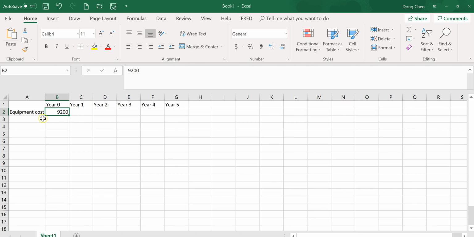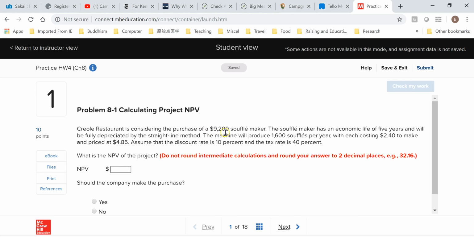We should know this is a cost, so later on, we need to deduct this rather than add it. Here I just keep this as a positive because later on I want to use this number to calculate annual depreciation. So that's what the first sentence tells us, and we skip the second one until a later time.